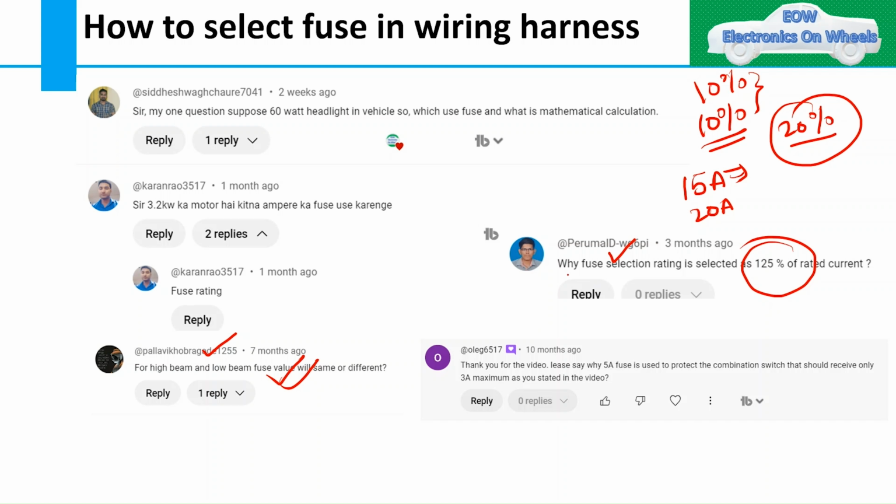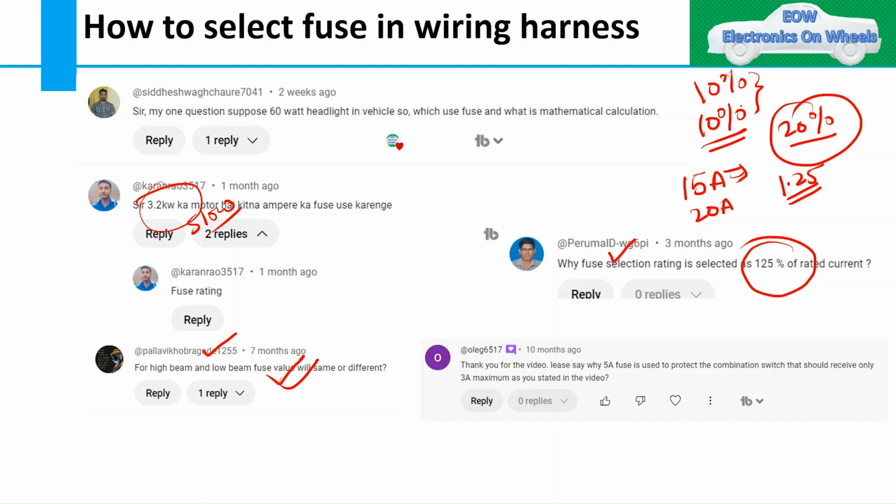And that's why some of the OEMs vary. As I told you, when you are selecting for this 3.2 kilowatt and you are selecting a slow blow fuse, I said that a factor of 1.1 you can take, or 1.5 also you can take, right? So all these things depend on what type of fuse you are selecting, where you are selecting, and what the temperature range is. But the common factor is 125% or 1.25, right?